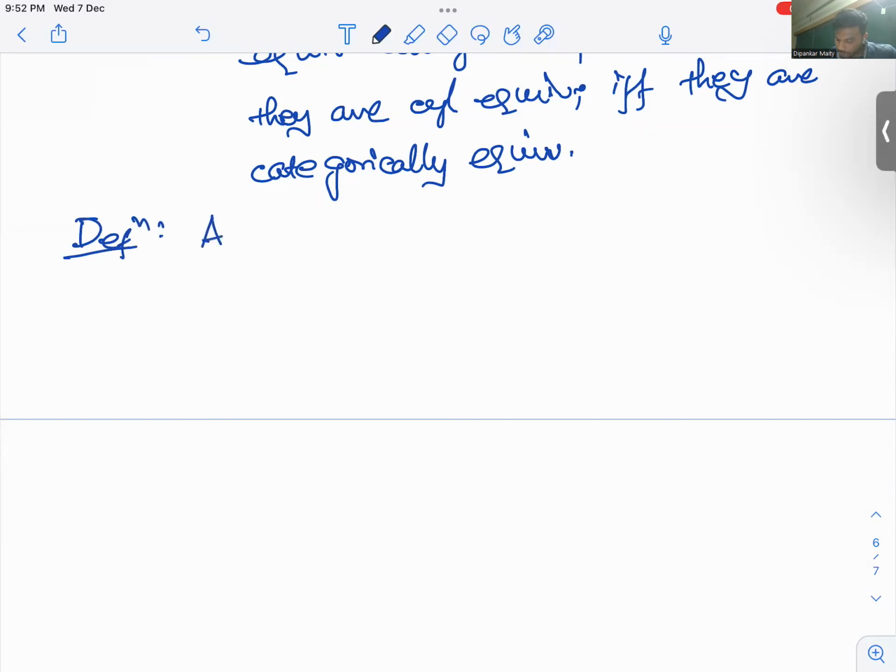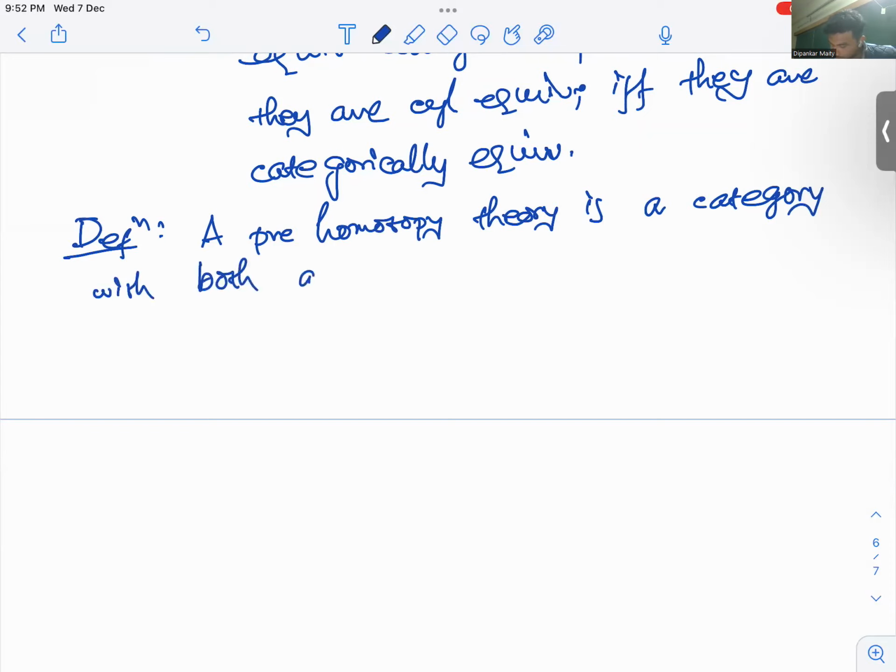A pre-homotopy theory is a category with both a cylinder structure and a path structure such that they are compatible. Meaning what? The path space functor is right adjoint to the cylinder.